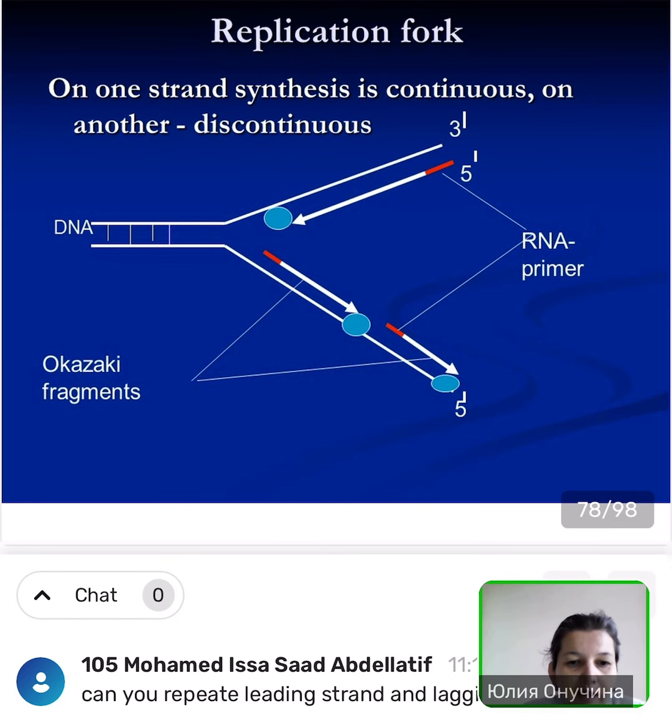So again, you know that our DNA is a double helix strand. The direction for one strand will be from 5 prime to 3 prime end, the upper strand in our picture.